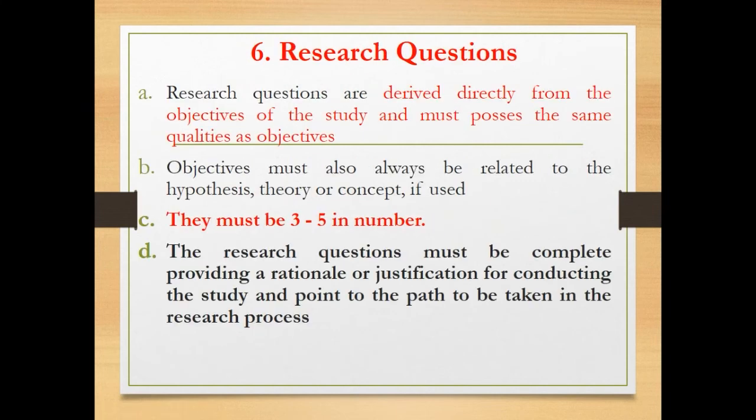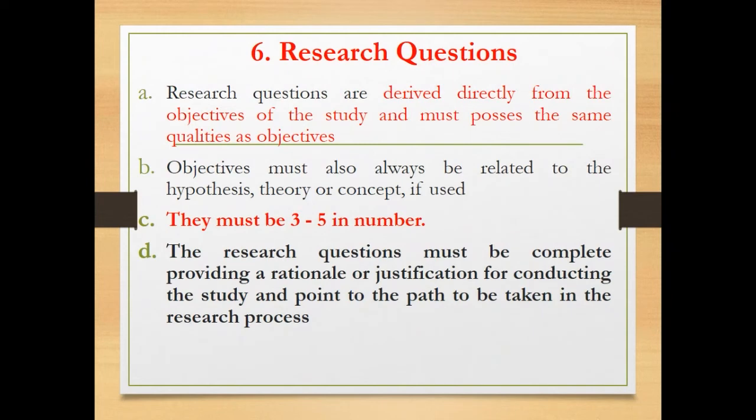Research questions usually are a derivative from the research objectives, and so if you can concisely complete your objectives, then you can easily understand your research questions. Because the answer is in the objective.